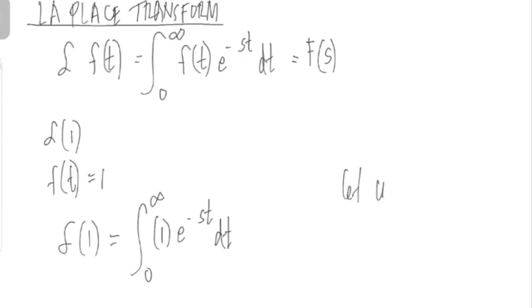Di ba magiging ano yan? Let u be equal to negative st. Di ba ang integral ng e to the u is e to the u? Am I right? Hello? Are you still there?